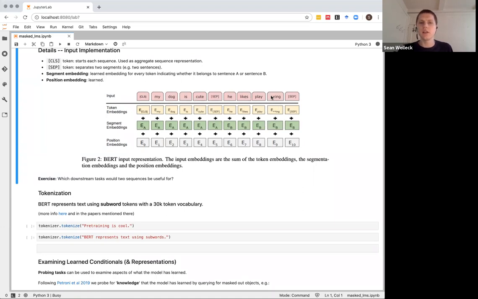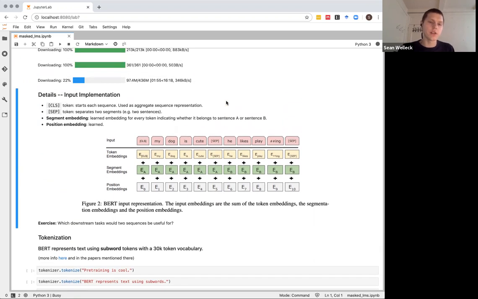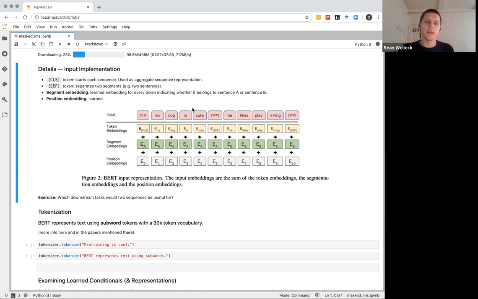Like you could imagine taking in a sentence pair and classifying whether these two sentences are contradictory or entail each other. That's an example downstream task. Or question answering, right? So you could have some evidence passage here and some question here, and then you could, for example, classify either an answer or classify a location of where the answer is in the evidence passage.